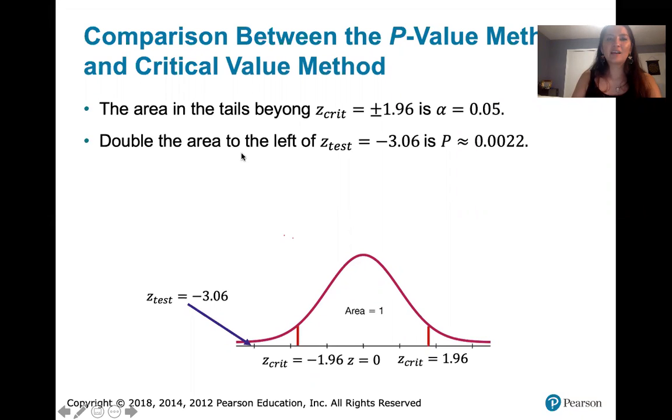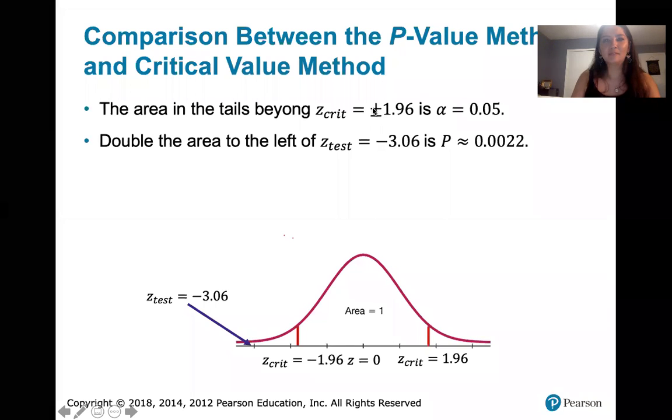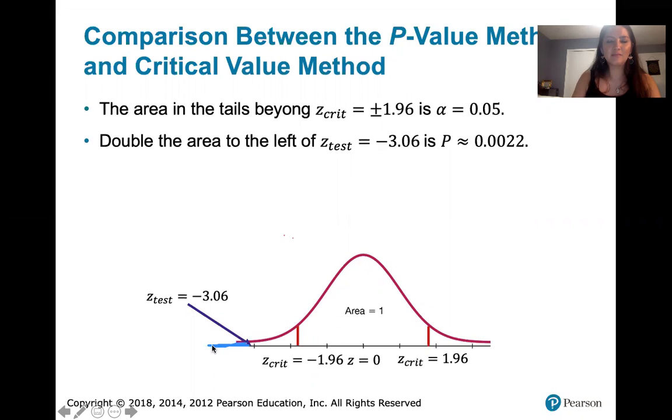Now, if we take the area to the left of our test statistic, z equals negative 3.06, so that's this area out beyond negative 3.06, it turns out that the area to the left of that is 0.0022. So the critical region is this yellow region, and the area of the critical region is equal to alpha.